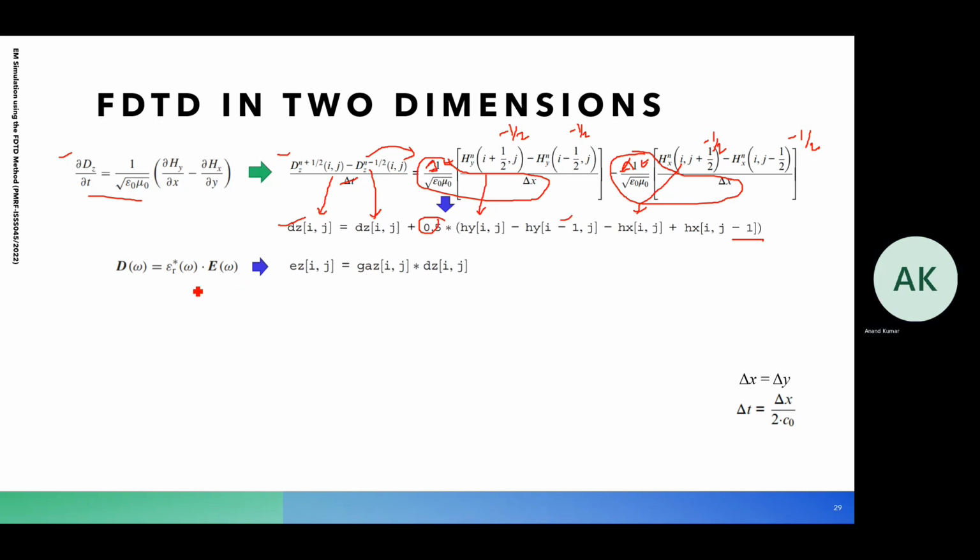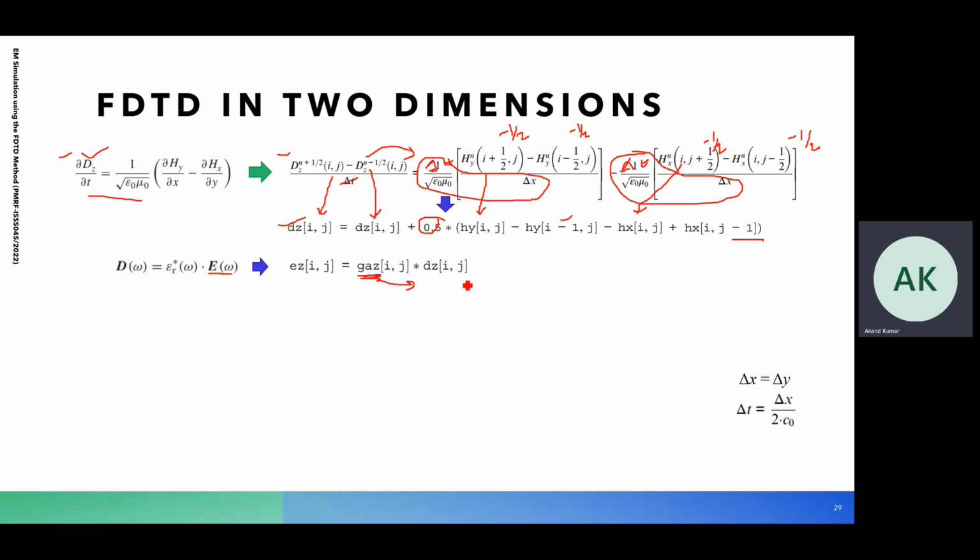Now, also since these update equations are in terms of electric flux density, you will need to compute the electric field as well. So all the formulation that we did for the dispersive media will remain the same. This particular coefficient is then again calculated using the derivation that we did for the dispersive media.